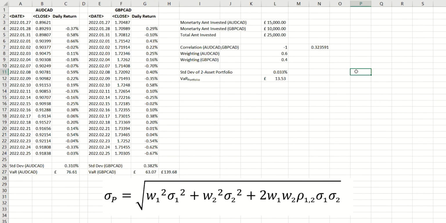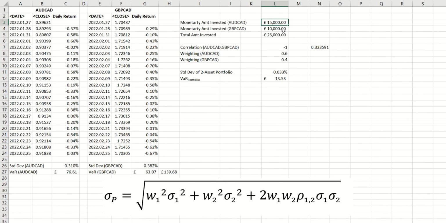But I'm just going to give you a very quick clue now in terms of how we can really turn this to our advantage. We can actually adjust position sizing of each position within a portfolio to reduce the value at risk as much as possible. So let me just give you a very quick example.